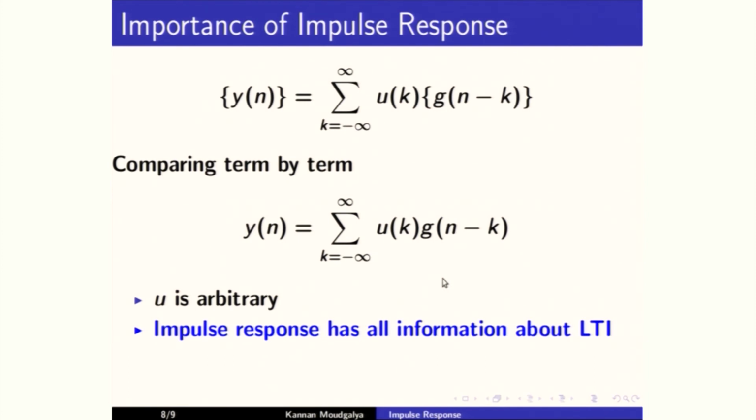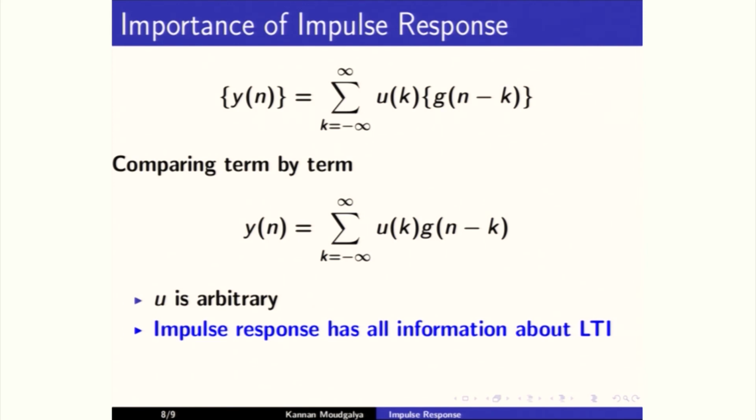I will evaluate this convolution and that will be the output. So it does not matter what input I will give, you shall use the same formula, all that you need to know is g. If you know g, you can give the corresponding output without doing any further experiment.